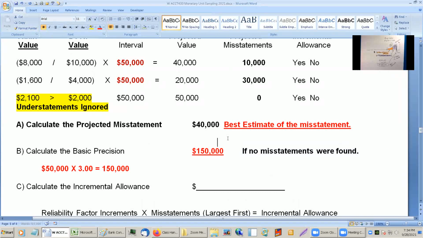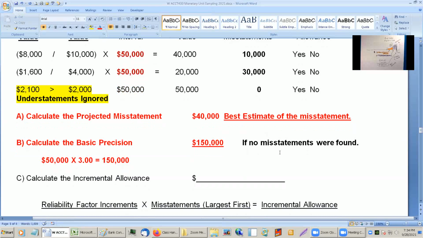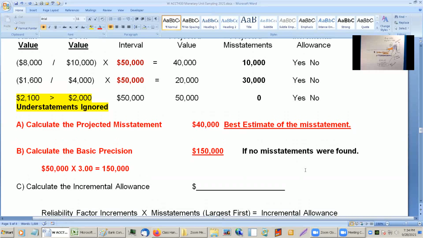So if no misstatements were found, the books could still be off by 150,000, even if we didn't find anything wrong. Any question on that?